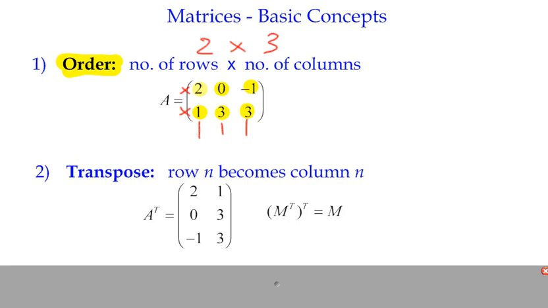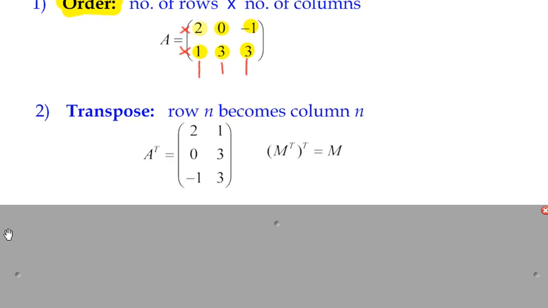Secondly, we can introduce something called the transpose, and we'll use it more later on, but basically the transpose is when the first row becomes the first column, the second row becomes the second column. In other words, the transpose of a matrix is when row n becomes column n. What usually happens is you find that everything kind of flips around.